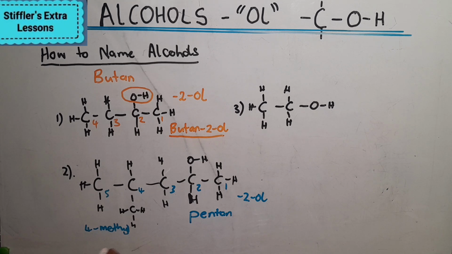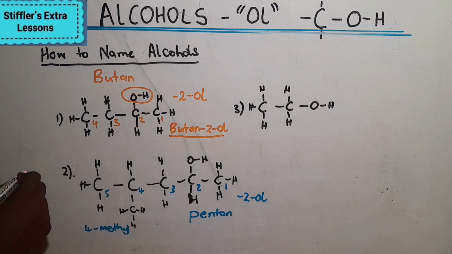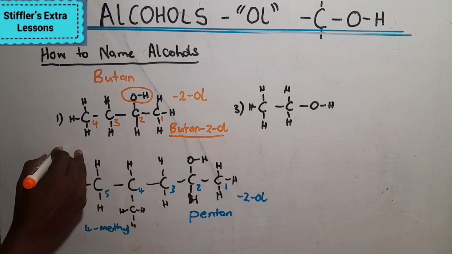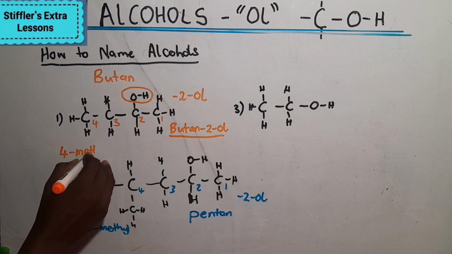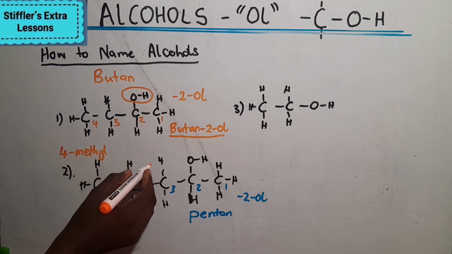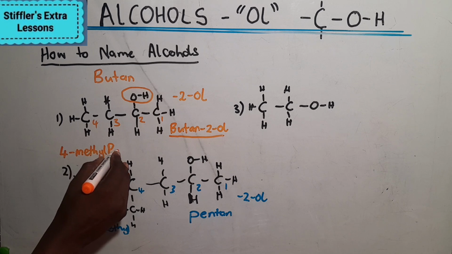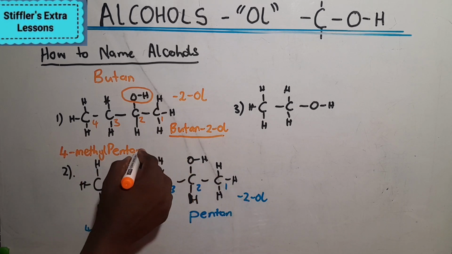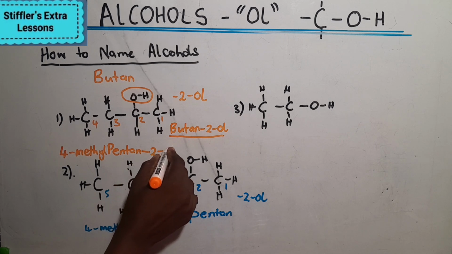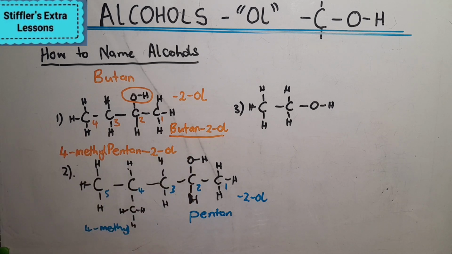So on carbon number 4 we have a methyl, and the parent name, which is pentane, and this is coming on carbon number 2, so that will be 2-ol, just like that. As simple as that.